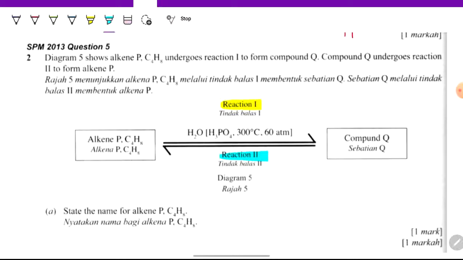So if we look into the condition here, this is steam and phosphoric acid, temperature and pressure. So this is the hydration process. Meanwhile, from compound Q turning back to alkene, this one is dehydration.